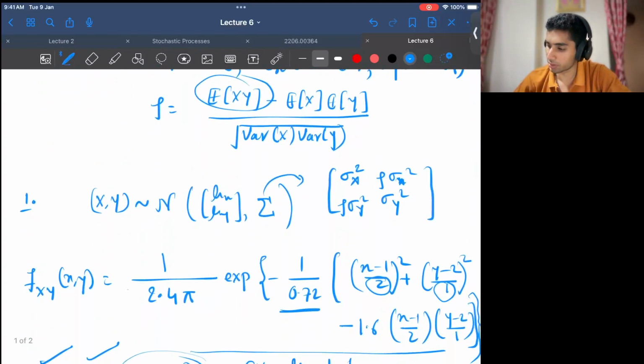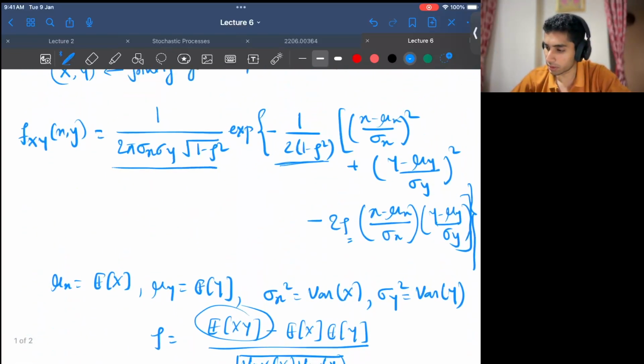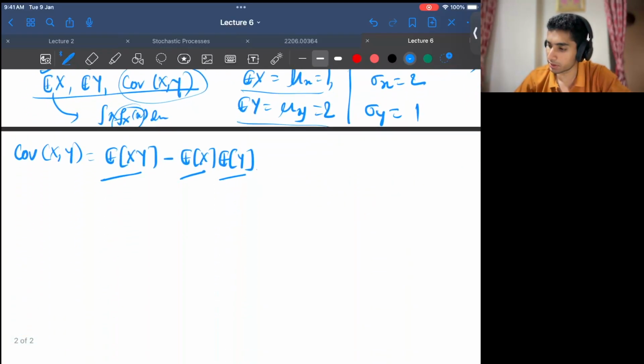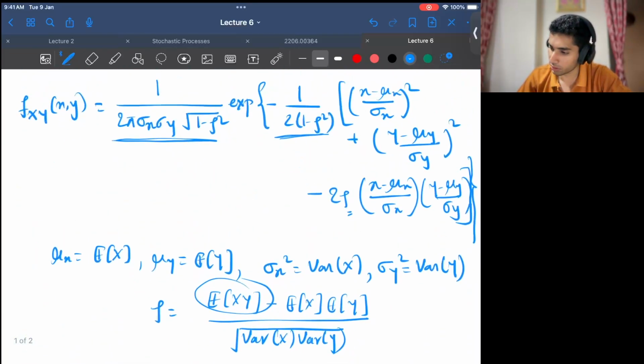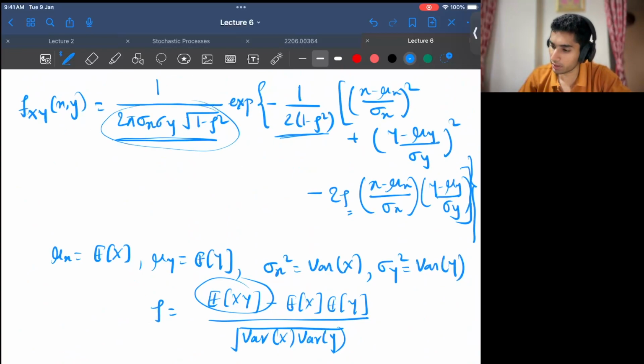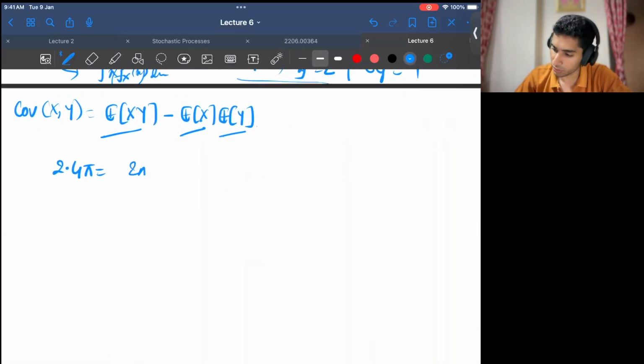Or you can also calculate it from here actually. 2.4 pi should be equal to this quantity. So maybe let's use that. 2.4 pi with this thing should be equal to 2 pi sigma x sigma y square root of 1 minus rho square.